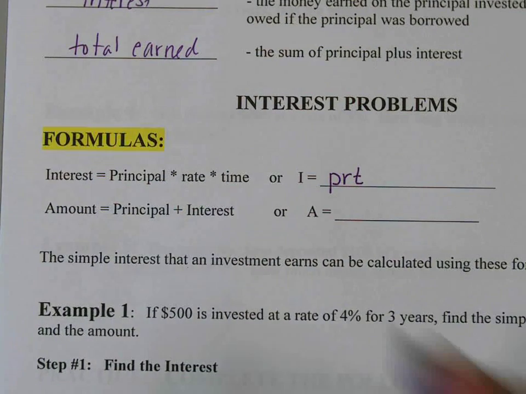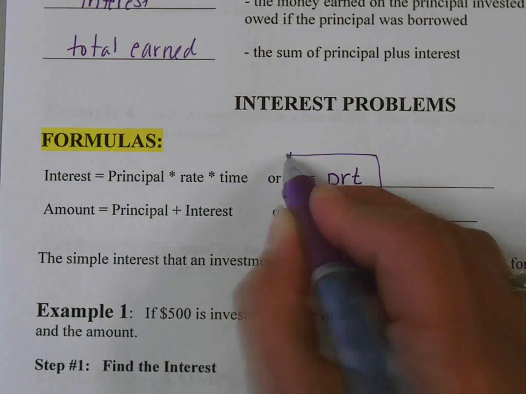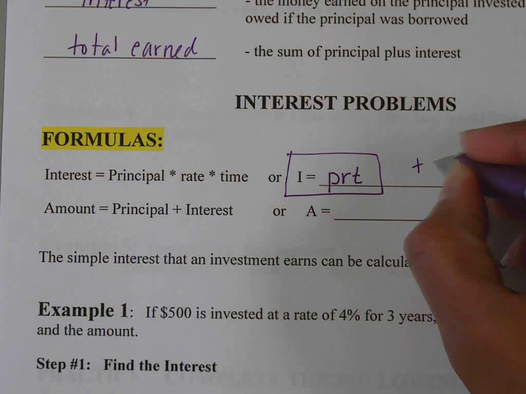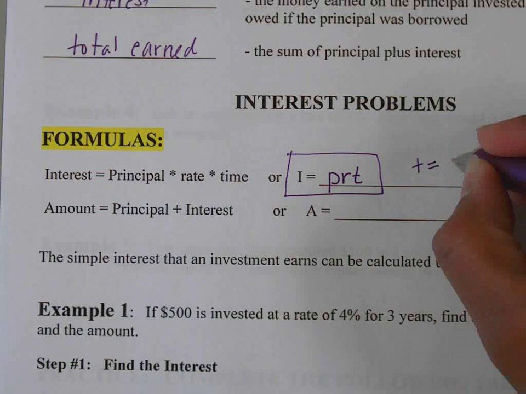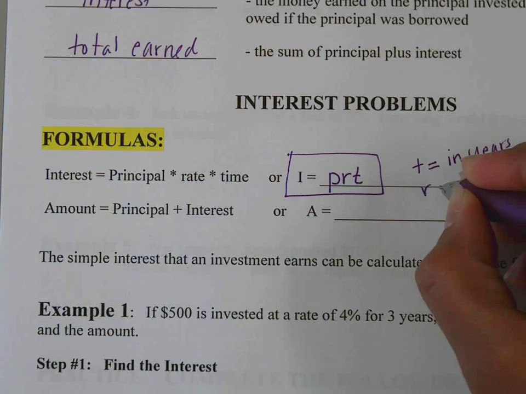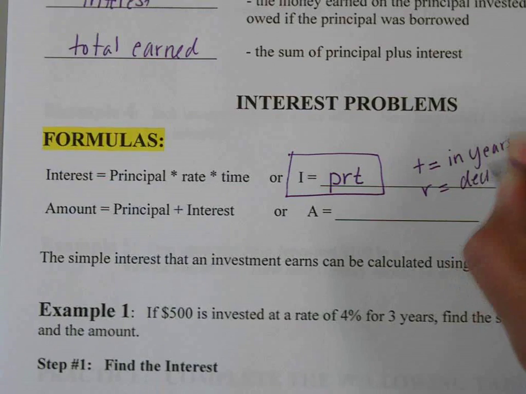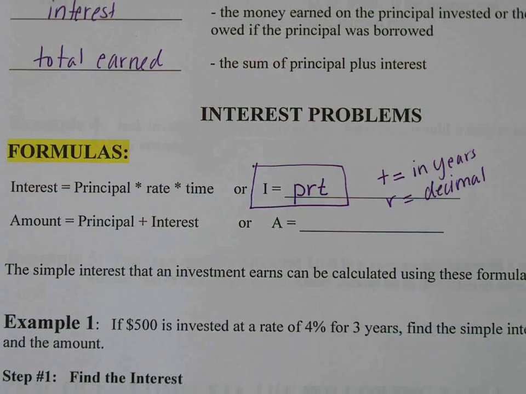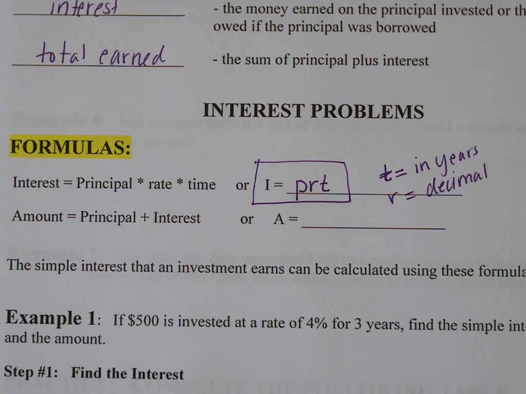So our formula for interest is I equals PRT. Now, something that we want to make sure we do is that T is always in years, and R is in decimal format. Okay, so T we always want to make in years, and R, our rate, is always decimal.